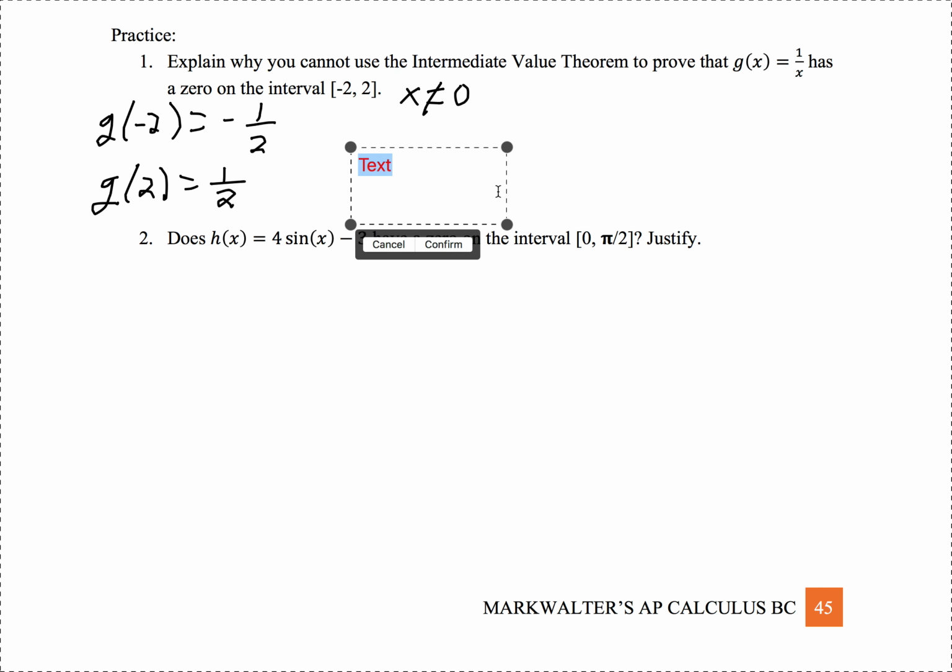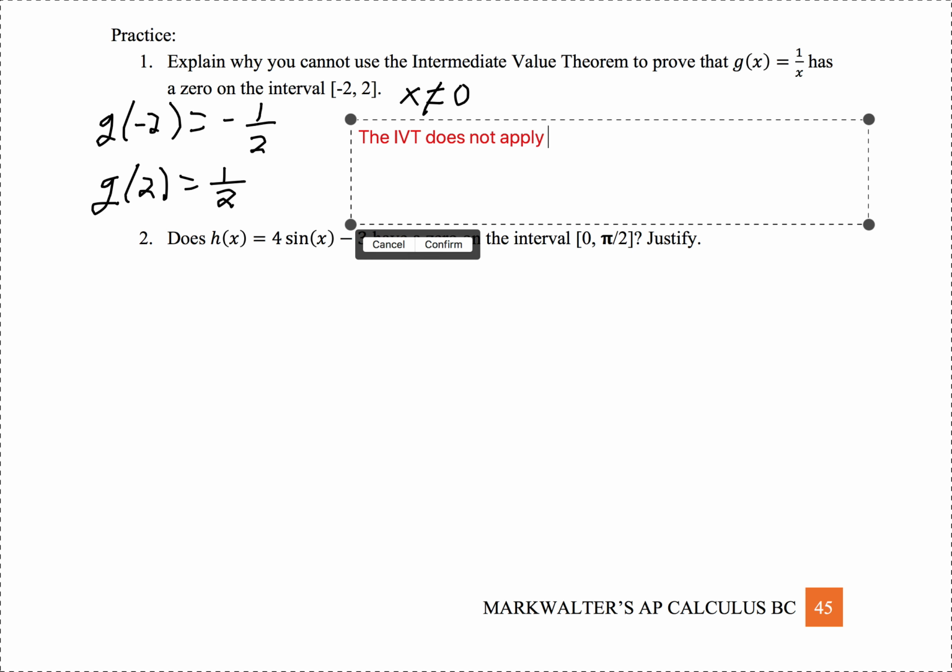So our IVT theorem actually does not apply here. So we can go ahead and say that. The IVT does not apply to function g of x on the interval -2 to 2 because g of x is not continuous on -2 to 2.